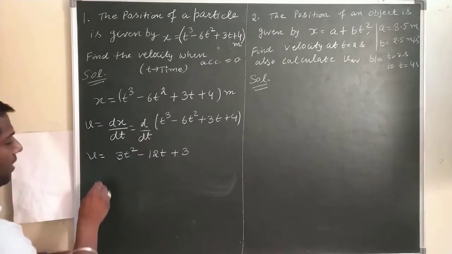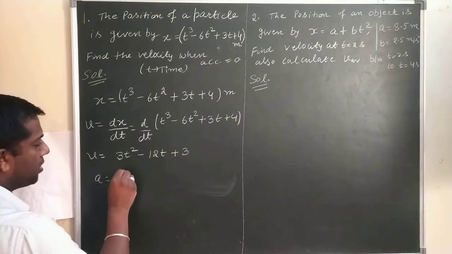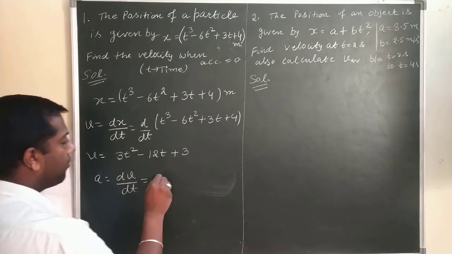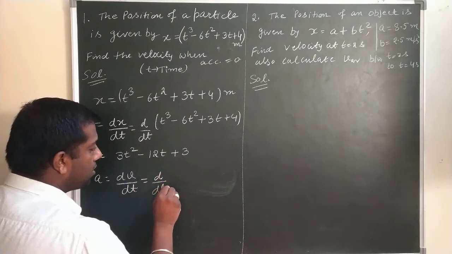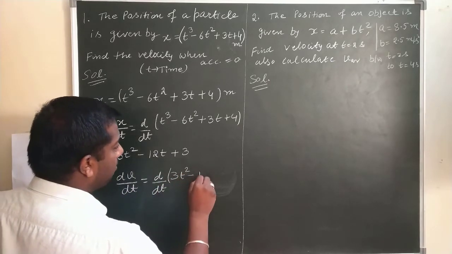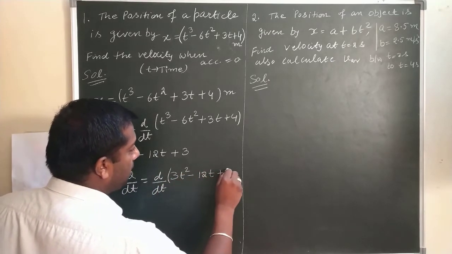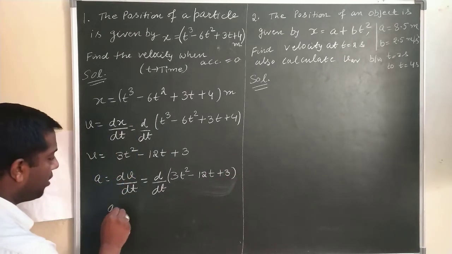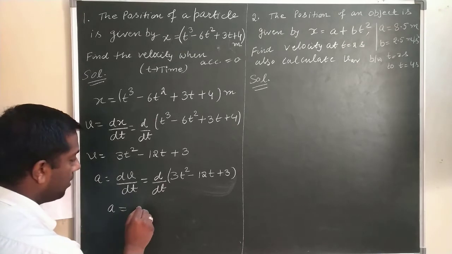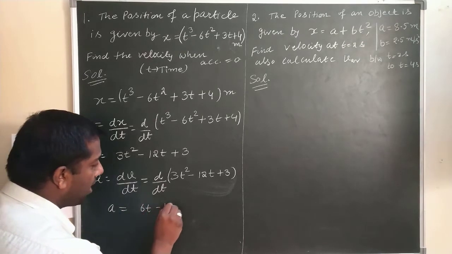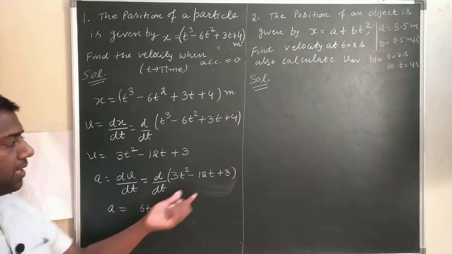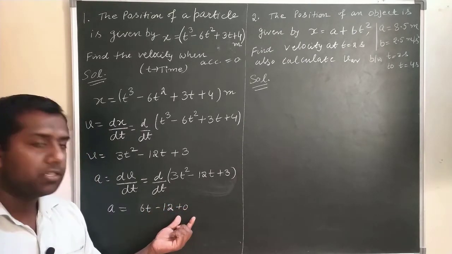Similarly, we will find acceleration, which is simply dv by dt, the derivative of velocity with respect to time, which is 3t square minus 12t plus 3. Now we differentiate this with respect to t. This is 6t minus 12 plus 0, because the derivative of a constant term is 0.